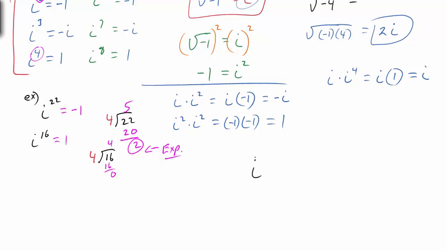Then you can hit your little caret key for your exponent, and if you square it on the calculator, you should get an answer of negative 1. Or if you raise it to the third power, the calculator is going to give you an answer of negative i. So your calculator will actually do those operations for you as well. But it's good to know how to perform these calculations by hand.